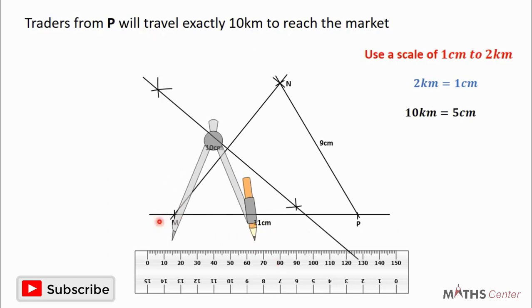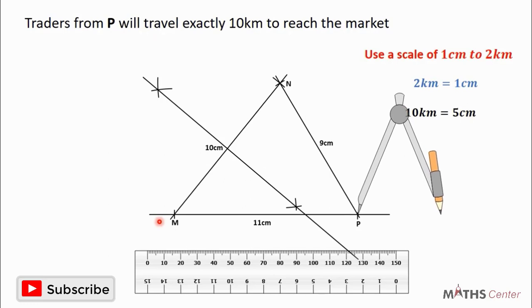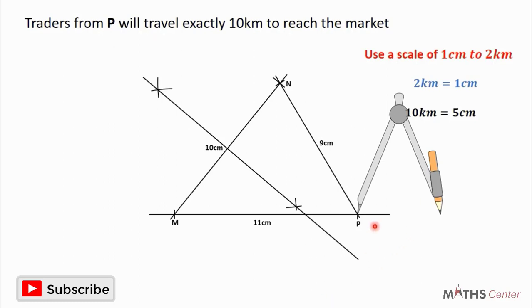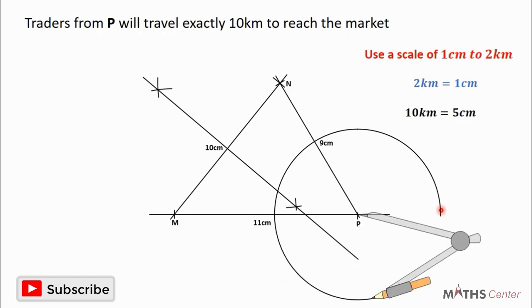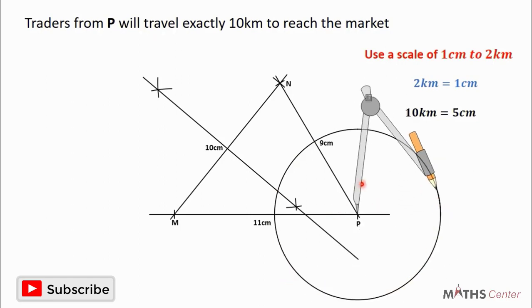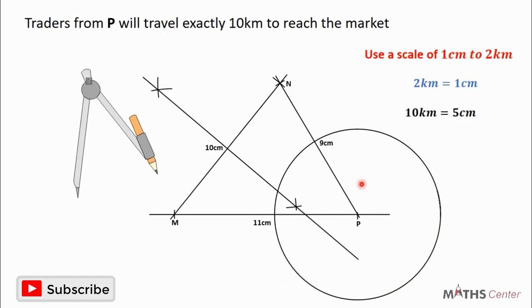After that, I'll move the needle of the compass to point P. I'm going to take the ruler off so that we can construct the circle. The needle of the compass is on point P, so I'll turn the compass and construct the circle. This circle will give us the locus of points 5 centimeters from point P.